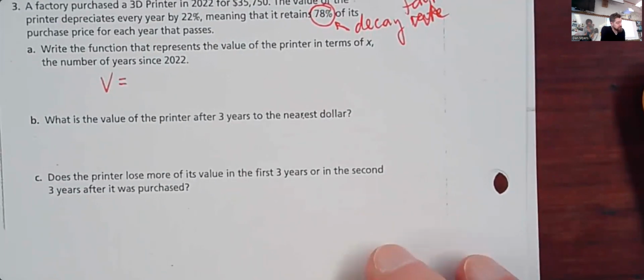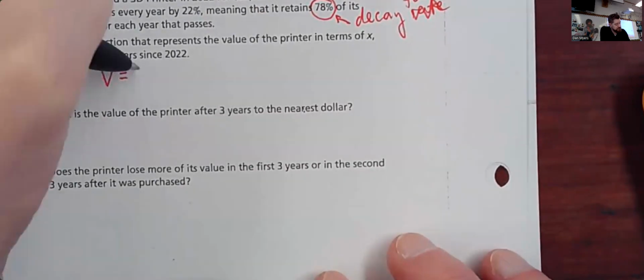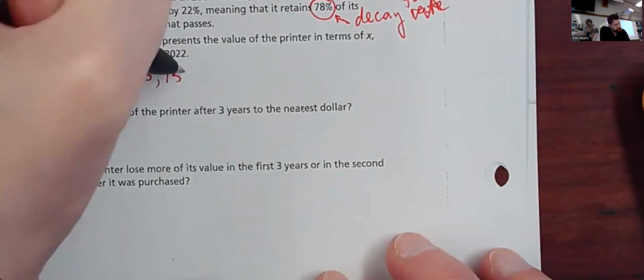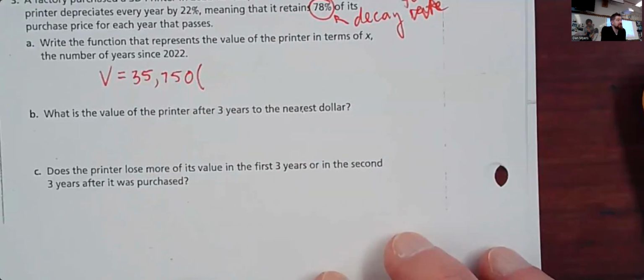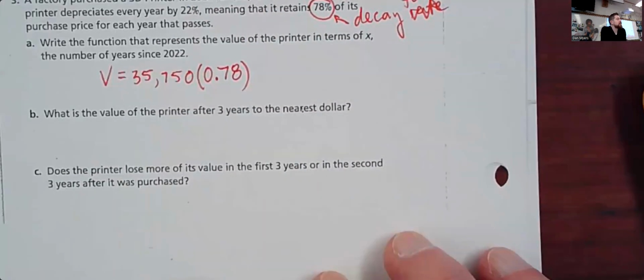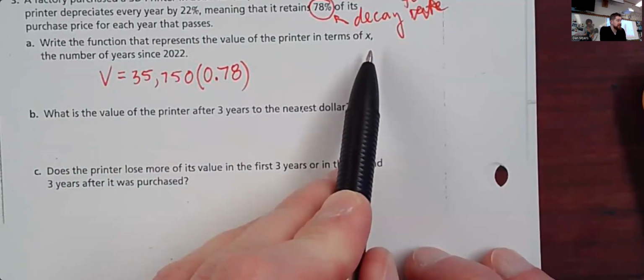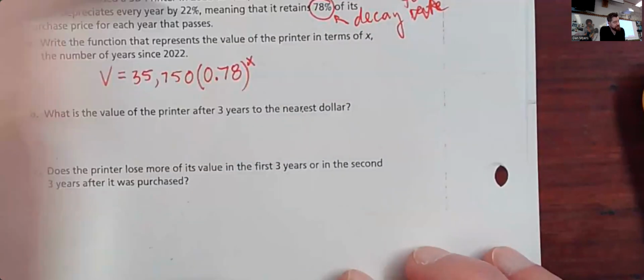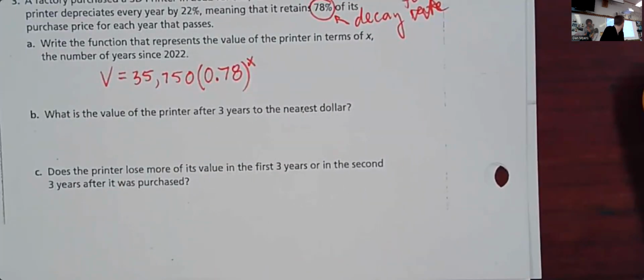What was it? $35,750 multiplied by the decay factor, which is, I should have said, 0.78. In terms of x, it tells us to use x for the number of years. So we're going to say x instead of t. There we go. That's our function right there. V equals 35,750 times 0.78 to the power of x.